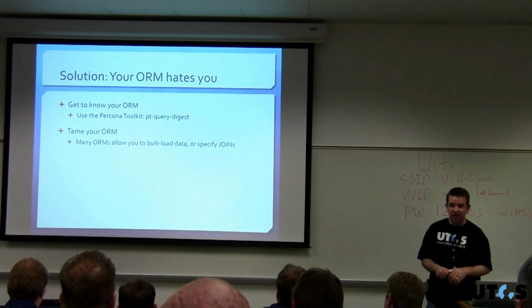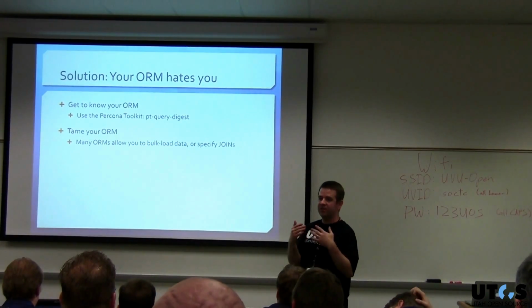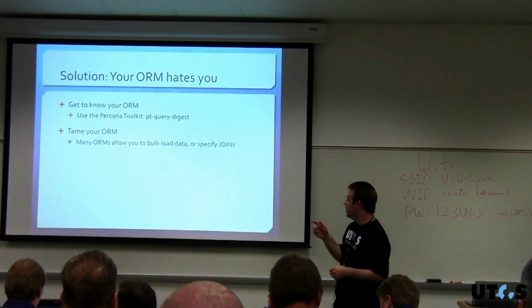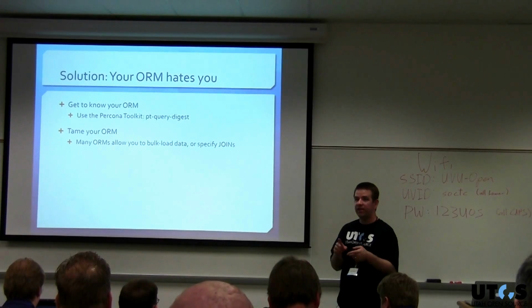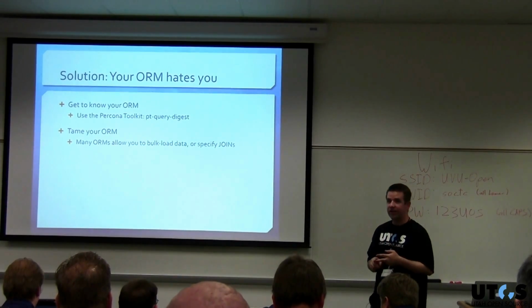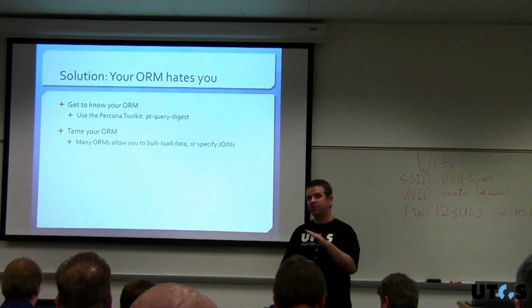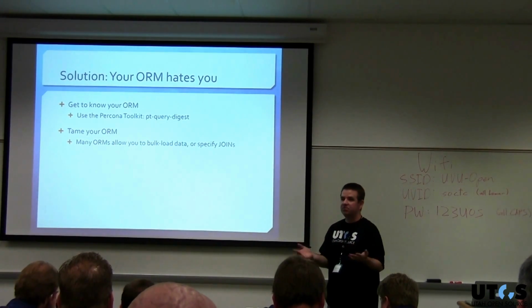So, tame your ORM. There are things that you can do. Most ORMs at least have ways to tell them, no, I really want to do this my own way. You can tell them to do a join and how to do the join. You can tell them, I want to get 10 rows out of this table. Instead of moving through and getting them one at a time, you can get all 10 at once.